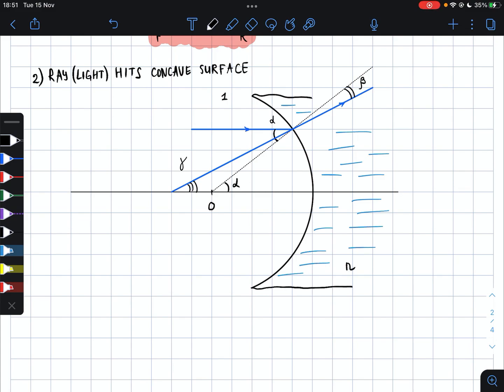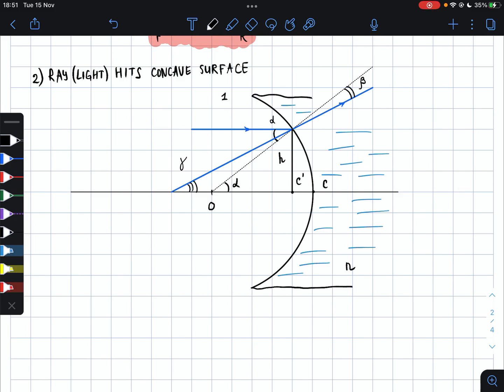Now let's draw a straight line from the incident point to our optical axis, and the distance will be h. Let's call this point S prime.